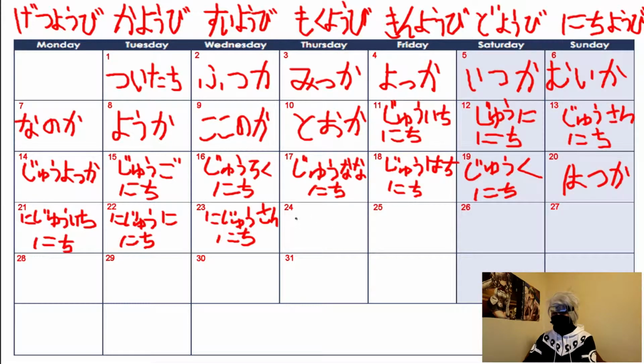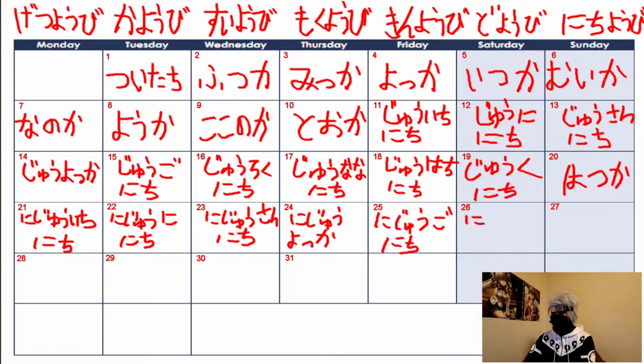Okay, so 24 is another special. That's 24日, with a small tsu. 25 is 25日.